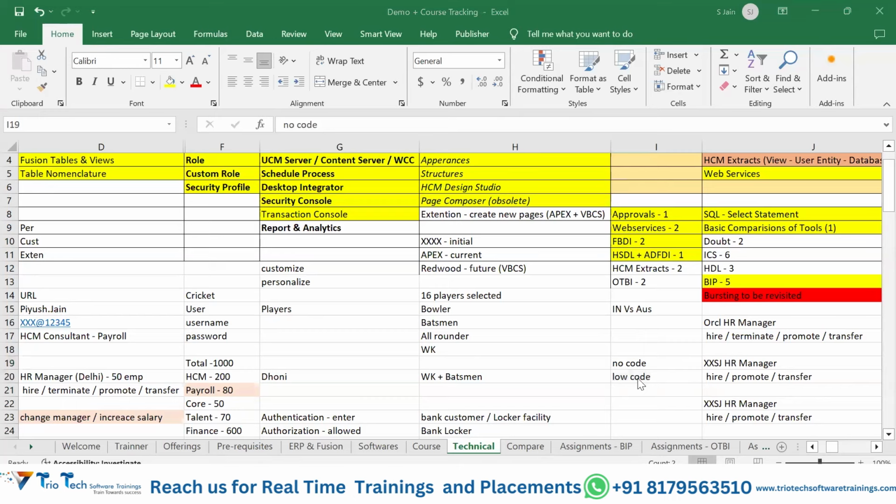If we talk about Microsoft Excel, we are not learning how to build Microsoft Excel, but how to use Microsoft Excel. Same way, in this training program, we will be learning how to use different tools and techniques.